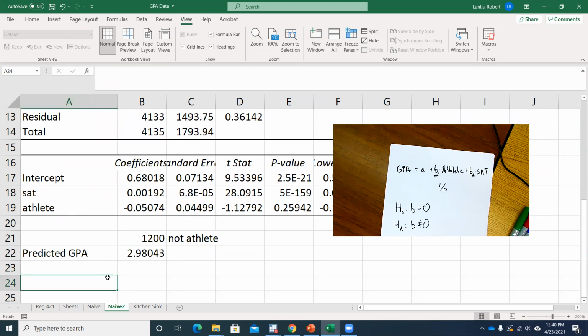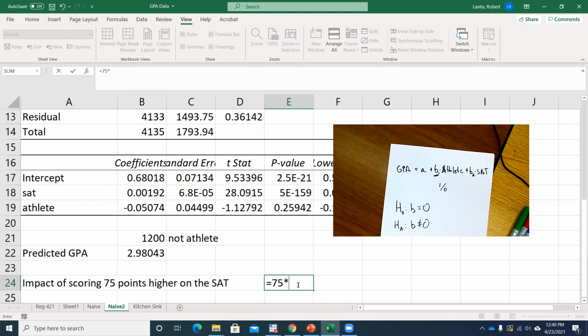I could also ask you something like the impact of scoring 75 points higher on the SAT. The interpretation of our slope coefficient on SAT is a 1 unit increase, so 1 more point. If I want to know the impact of 75 more points, and I think we did something like this last class, I would just take 75. If I know the effect of 1 more point, the effect of 75 would be that times 75.